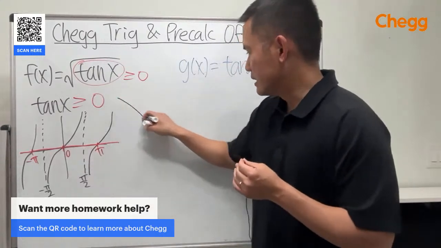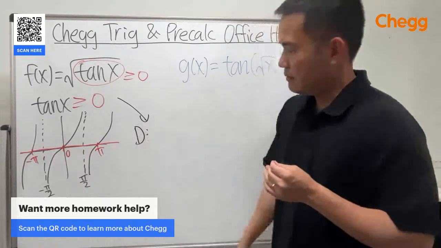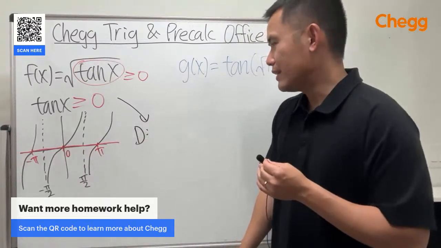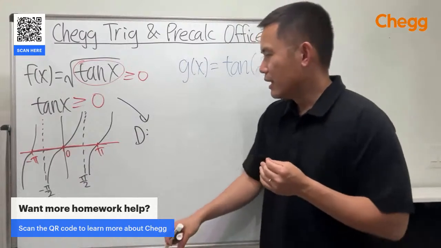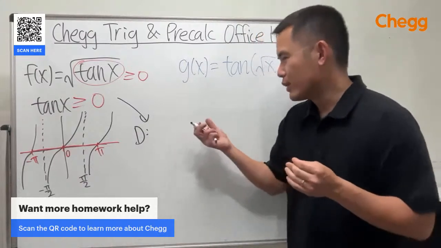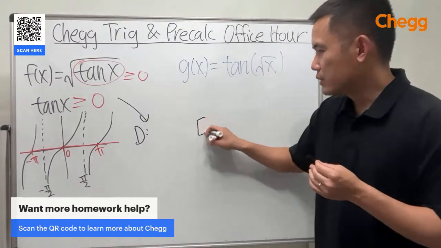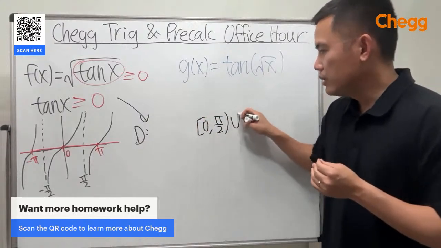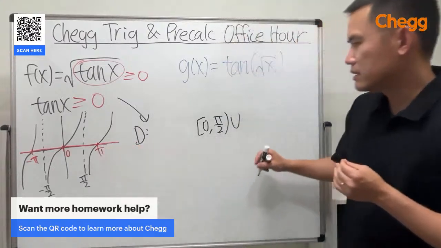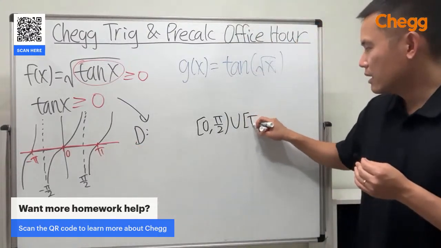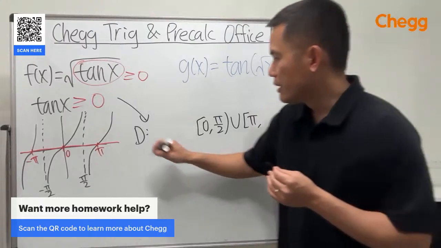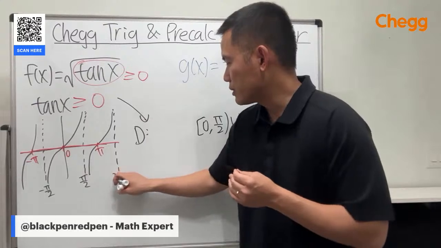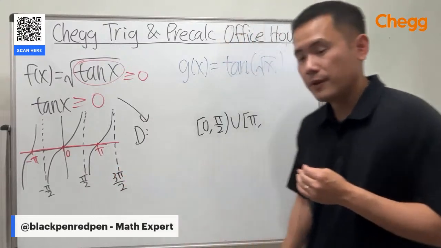So I'm going to write it down like this. I don't really have a nice way to write down the answer for this though. I can write the first one including 0, but not including pi over 2. Union, the next part is including pi, but not including the vertical asymptote, which is pi plus pi over 2, which is 3 pi over 2.